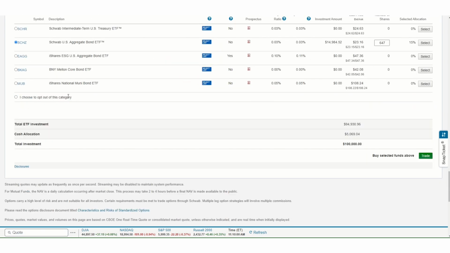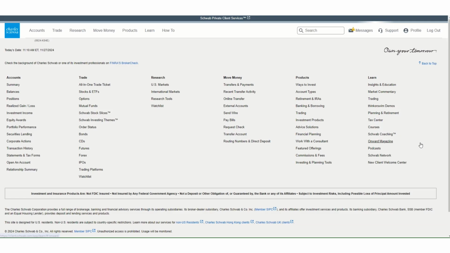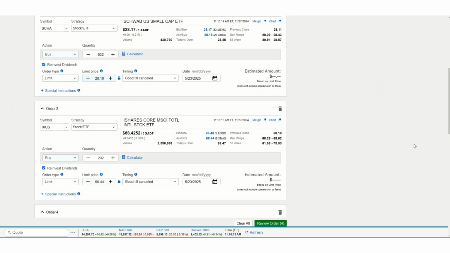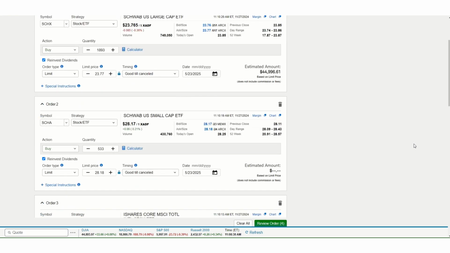The final thing I want to show you that I really like about this tool is once you've made your choices, it then will allow you to place a trade. It will ask you, do you want to do a market trade or a limit trade? Do you want your dividends reinvested? Is this good for the day or good until cancel? So I've selected that. And once I've made my choices, notice it takes me to the trading screen.